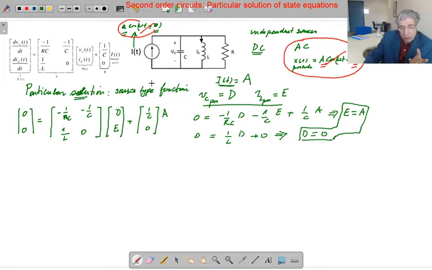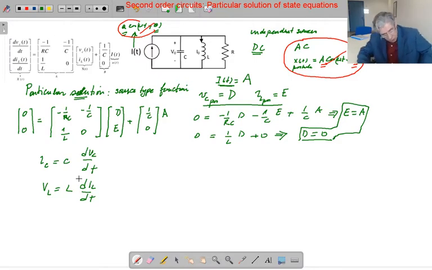But in here I would like to show you an alternative to this, considering the physical world. How are we going to consider the physical world? We will be considering the definition relation of the capacitor, which is IC is C times dVc over dt, and the inductor definition relation, VL is L times dIL over dt.